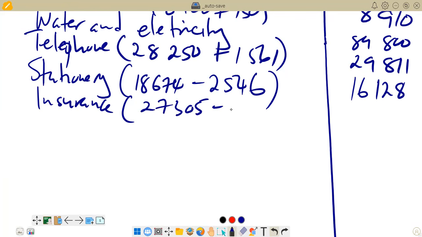Then we subtract the one that was paid in advance, which is 1,200. When you subtract that, you're supposed to get 26,105. Right. That's what we have there. Then we go back to check what we have after insurance.